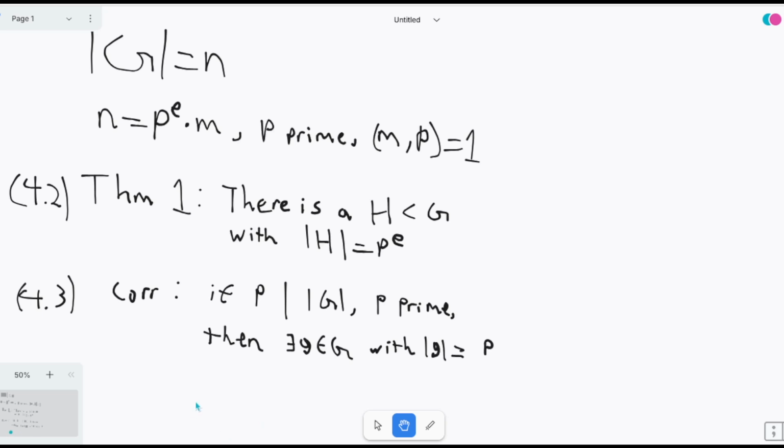And we can prove this. I will prove the Sylow theorem itself later, but I'll defer that until we've seen some examples and get an intuition for how they can be used.